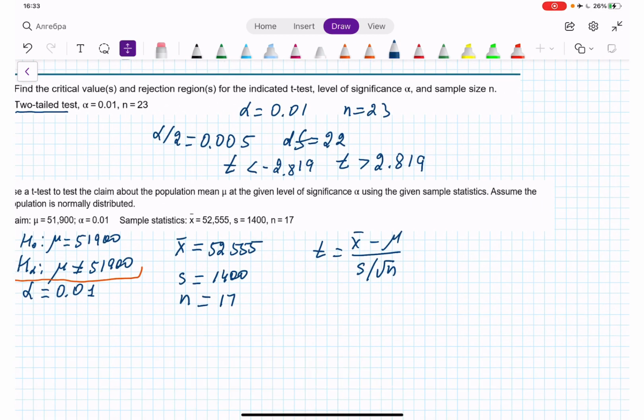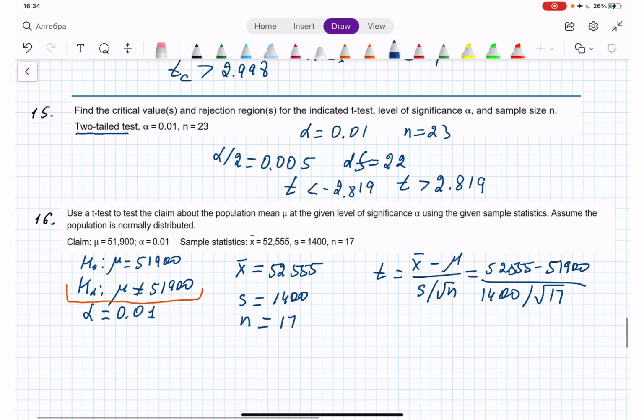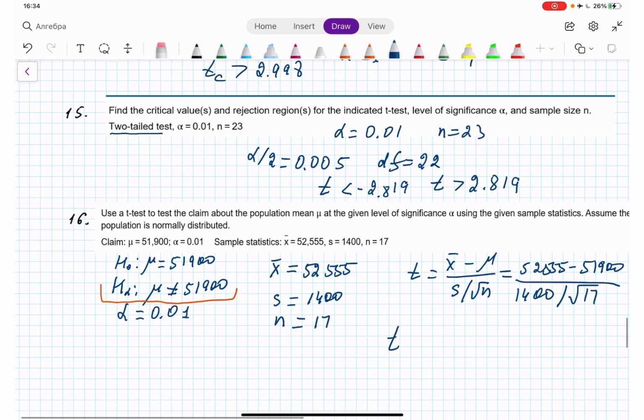Okay, and this is gonna be equal, x bar is 52,555 minus mu, it's gonna be 51,900 divided by S is 1,400 and divided by square root of 17. Okay, so we are getting standardized test statistics.